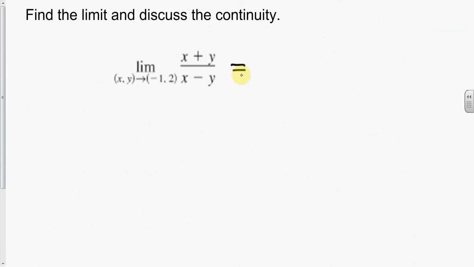So we find this limit. If we plug in the values, x equal negative 1 and y equal to 2, I have negative 1 plus 2 over negative 1 minus 2. So we just get 1 over negative 3, or negative 1/3.